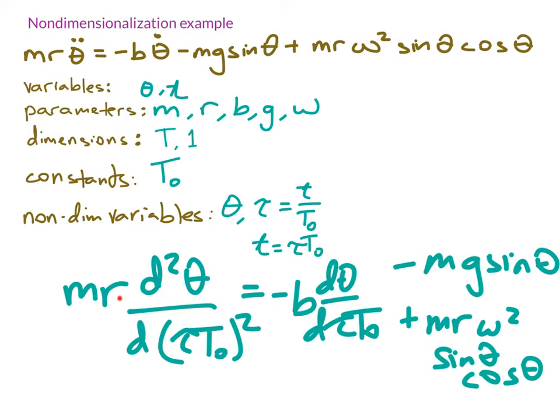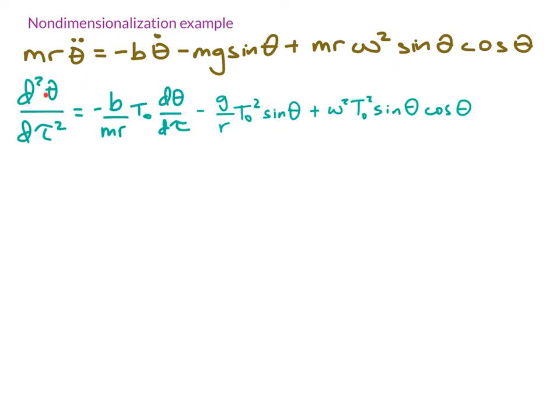I'm going to divide through by mr and multiply through by t0 squared so that I have a non-dimensional quantity on this side of the equation. After dividing through by mr and multiplying through by t0 squared, this is the equation that I'm left with.